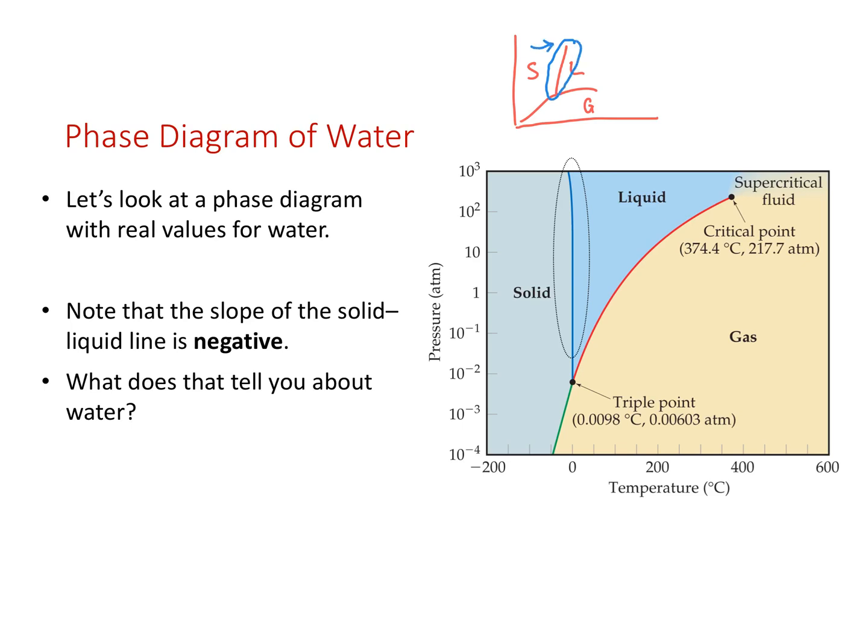We had a forward-facing slope, which means I would have to increase temperature to take that sample from the solid phase into the liquid phase. That's nothing new for us, right? We know we have to warm something up to melt that sample, to go from a solid to a liquid. However, for water, the slope of that region is actually quite different. That slopes to the left. And so what does that tell you about water?